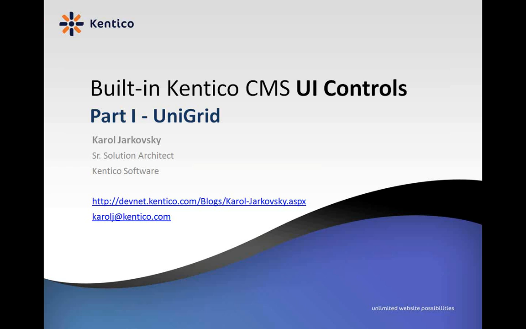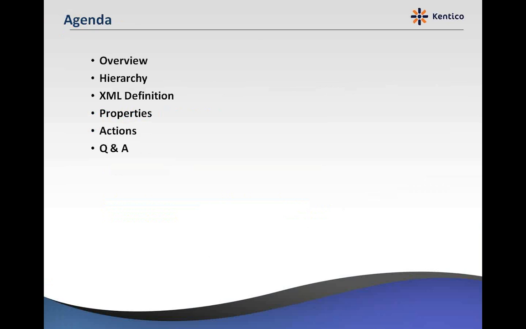Today I will present details on the UI control that I personally feel has the biggest potential to become heavily used in your projects, and this control is UniGrid, as I already mentioned. So first, here's the agenda. First we will take a brief overview of what UniGrid actually is.